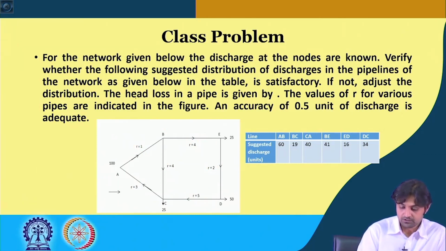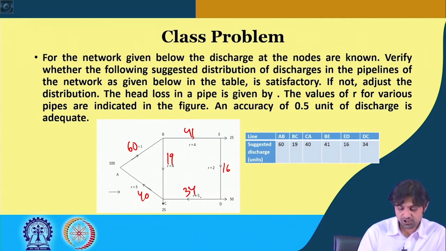So we have to check if these values, which have been given, satisfy the conditions: AB is given 60, BC is 19, CA is 40, BE is given 41, ED is given 16 and DC is given 34.